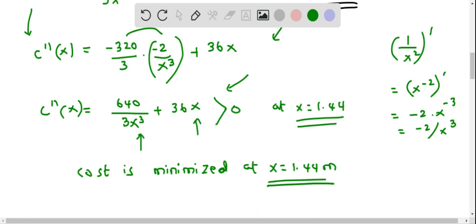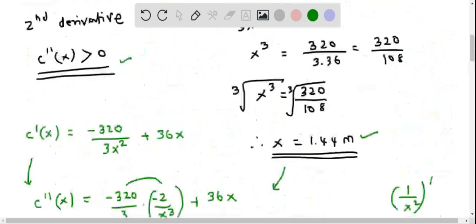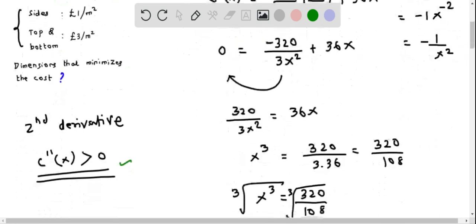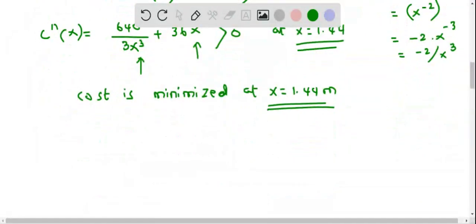We now find the corresponding dimensions. So x basically represents the width of the box. That means the length of the box is 3x. So let's write down the length, width, and height of the box.